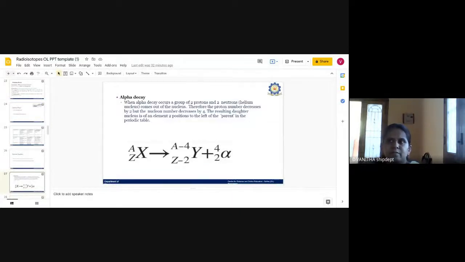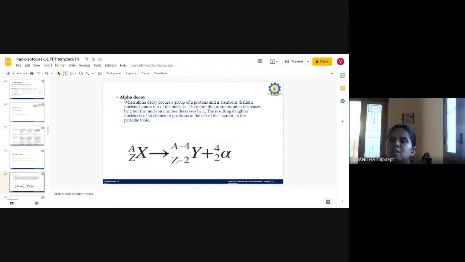So here is the nuclear equation written for alpha decay. You already know that an alpha particle is a helium nucleus. The atomic number of helium is 2, and the mass number is 4.